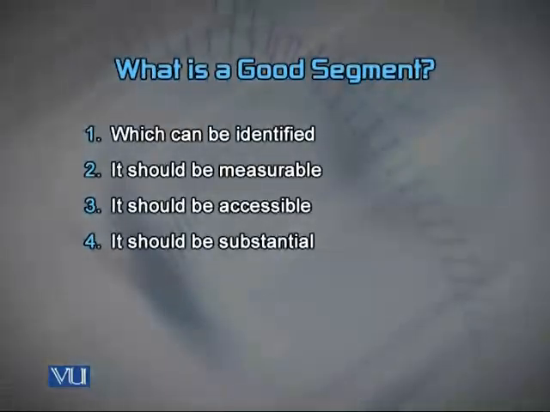The fourth one is that it is substantial. Remember, we talked about measurability in the sense that once we have identified the segments, we should be able to measure the demand within the segment using whatever frames we have. We can use the number of people involved and the number of times they use the product, and by simple multiplication we should be able to measure the demand in that segment.